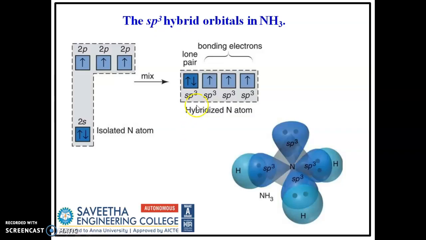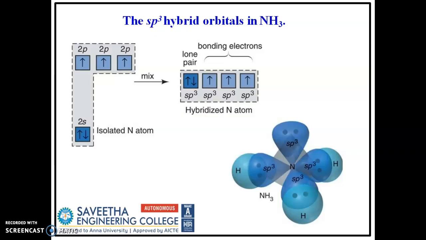Here also this is sp3 hybridization, but the shape is different because of lone pair-bond pair repulsion. The bond angle is distorted to 107 degrees. The central atom here is nitrogen. It has an atomic number of 7 and has electronic configuration of 1s2, 2s2 and 2p3.